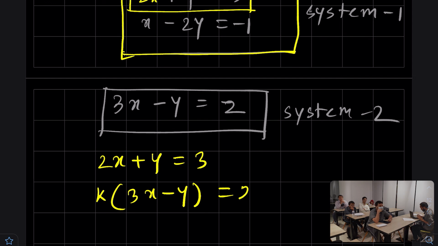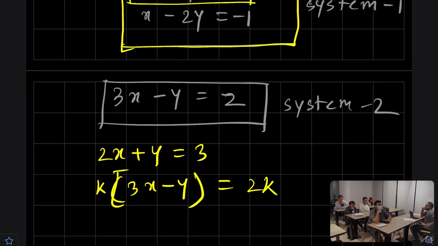So, just consider it this way. It is 2k, yeah, exactly. Is there any k that satisfies this? We want to go from here to there.